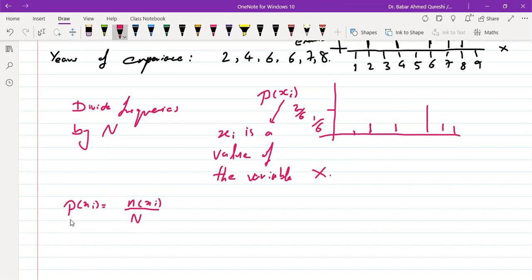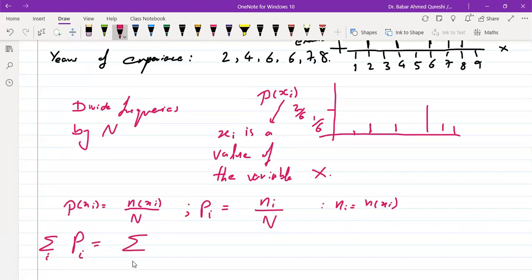The thing is, if I add all of these, since when I add all the numbers which are present, this is going to sum to n, so I get 1. So this thing has properties of a probability. It looks like a probability, but it's just the frequency.